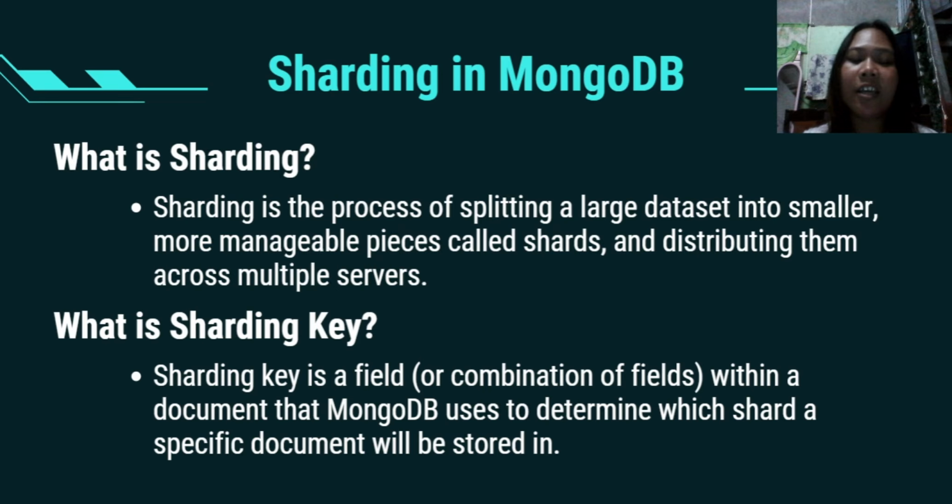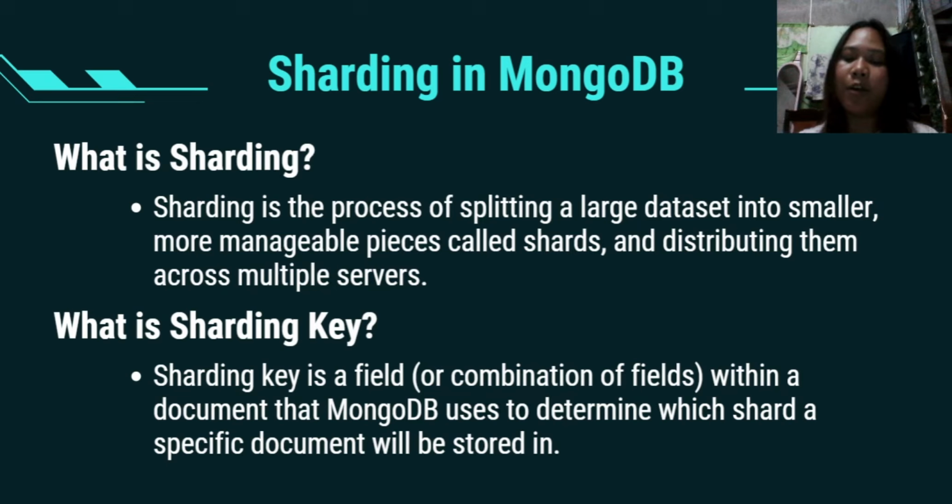And the shard key. Choosing an important shard key is crucial for avoiding performance issues. A poorly chosen key could result in uneven data distribution, leading to hotspots, where one shard handles a disproportionate amount of traffic while others remain underused.